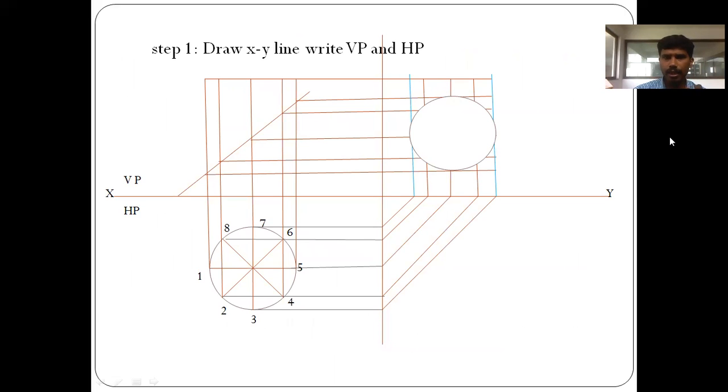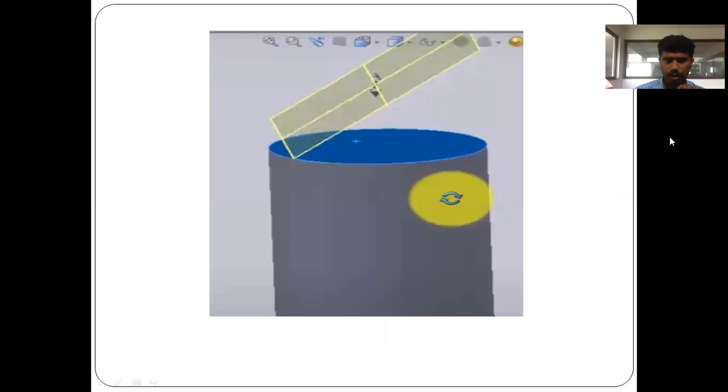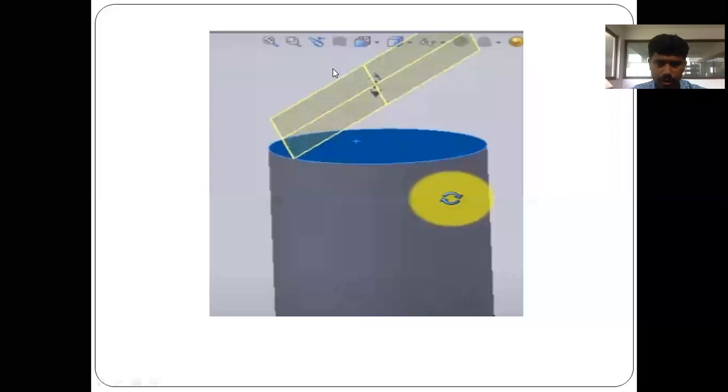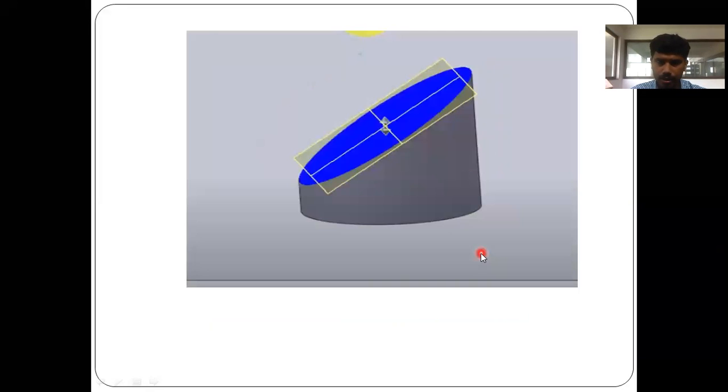So this is how we are going to take a rough sketch. This is a cylinder we are going to see. You can see this is the section plane, and this is the cylinder. In the top view, how will you see this? The top view will be seen as a circle. You can see it here also, seen as a circle.